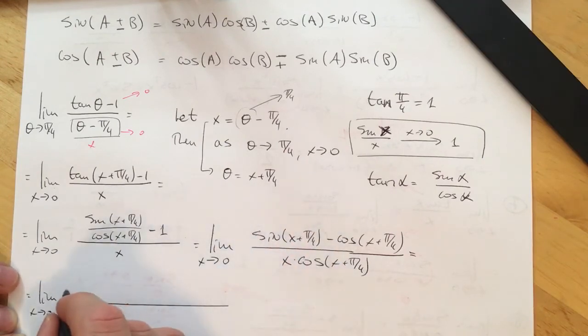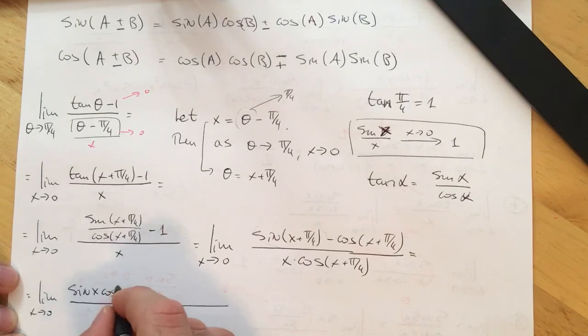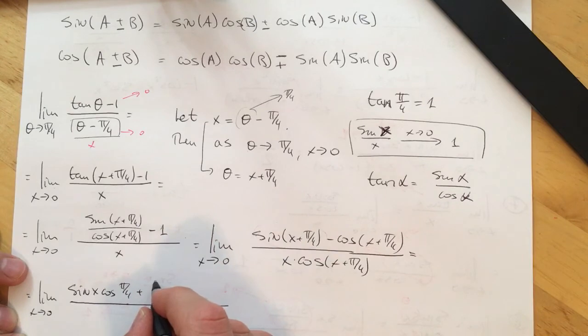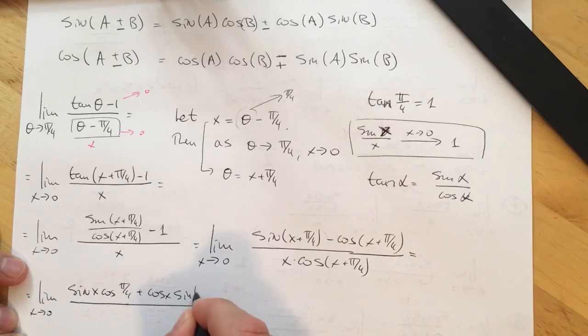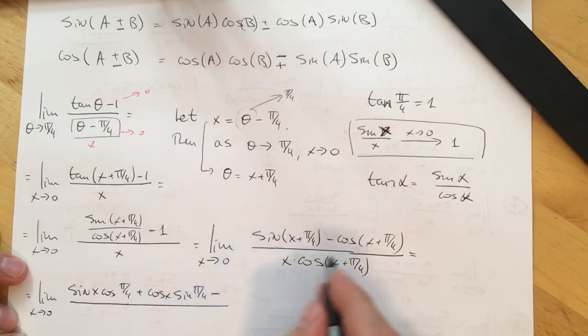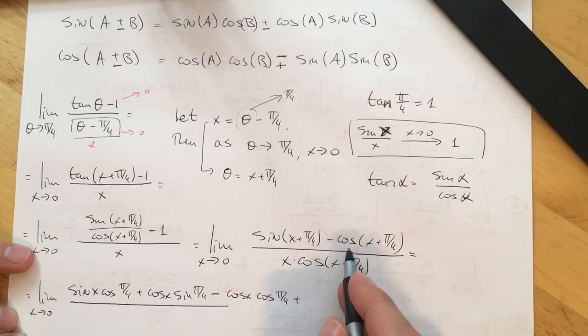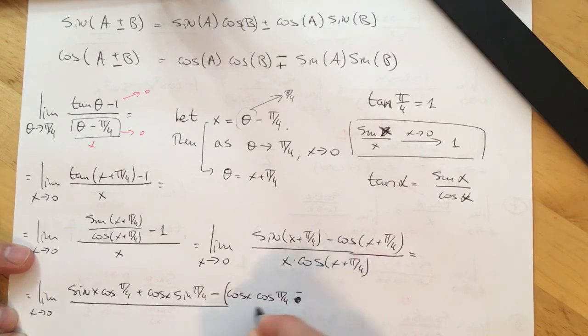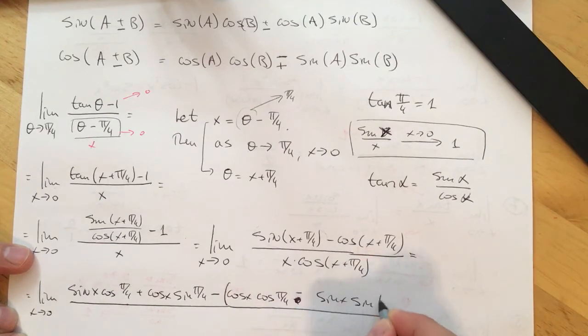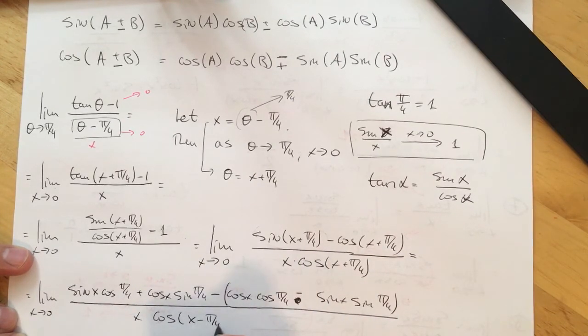Now this expression first: sine of x times cosine of pi over 4 plus cosine of x times sine of pi over 4 minus, now I use this formula here, cosine of x, cosine of pi over 4 plus, or you can do it like this and then minus here, sine of x, sine of pi over 4, over x times cosine of x minus pi over 4.